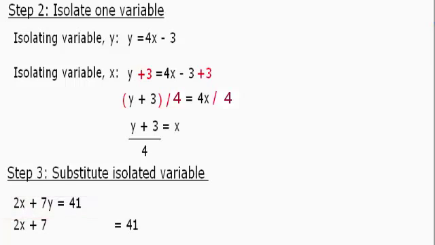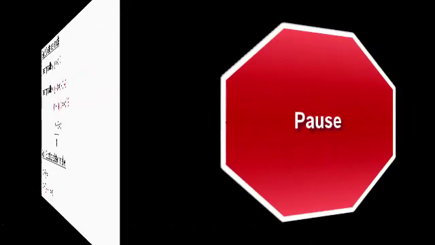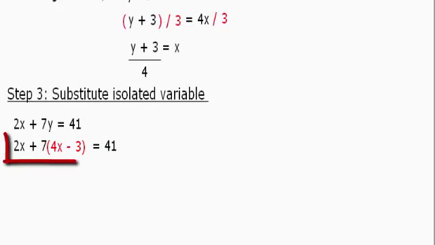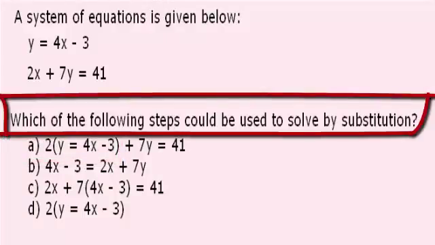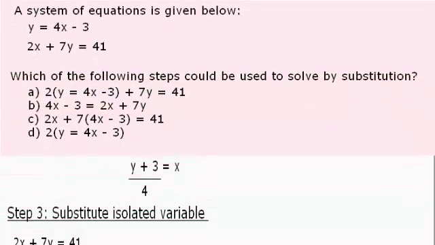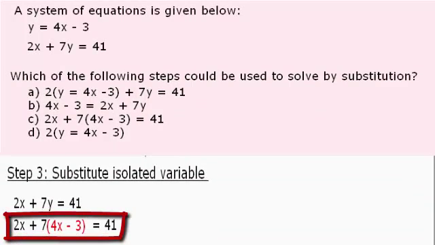So we can rewrite this equation, and after substituting y, we could really stop here, because the original question is simply asking us to identify which of the following steps could be used to solve the substitution. And if we compare what we found with the options that were given, it looks like C is the correct answer.